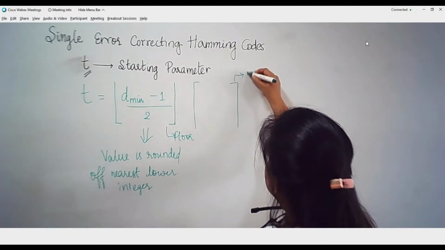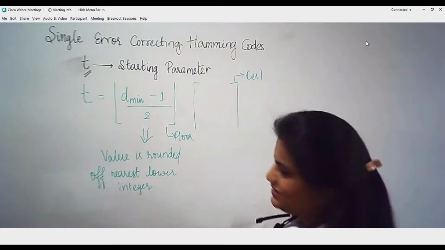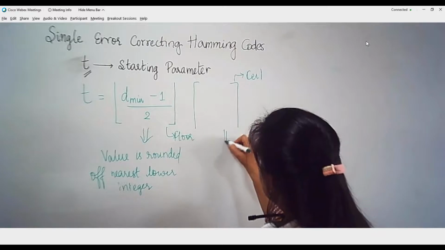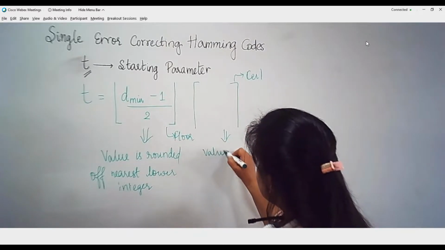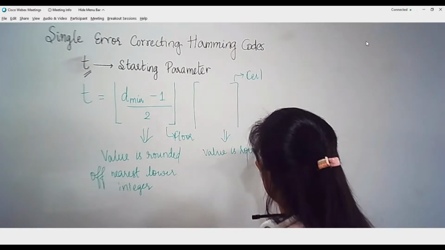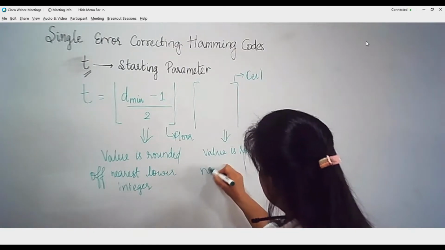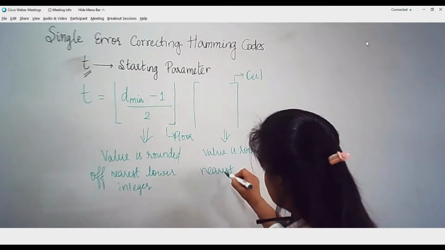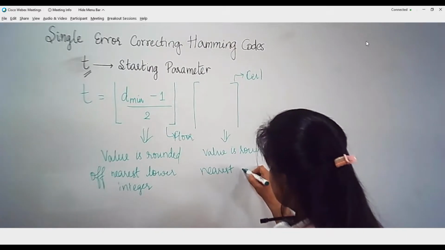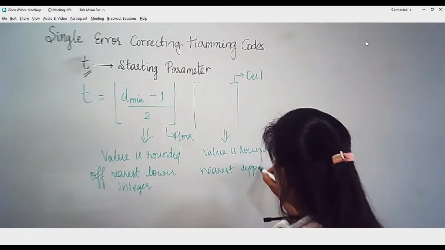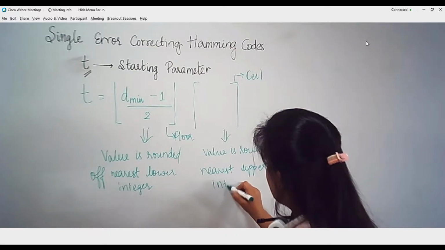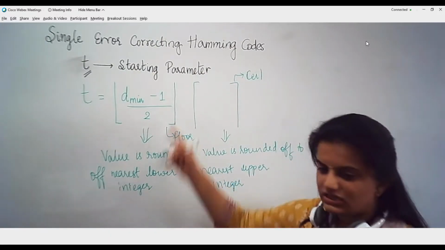And this other operation is called the ceiling operation, where the value is rounded off to the nearest upper integer. Okay, this is the difference between the representations.